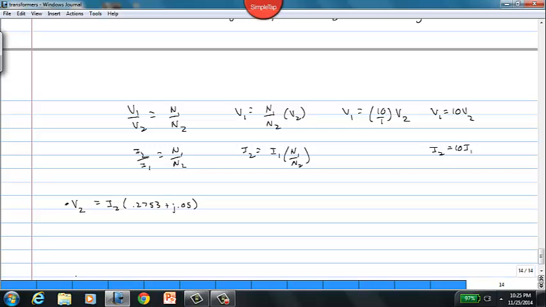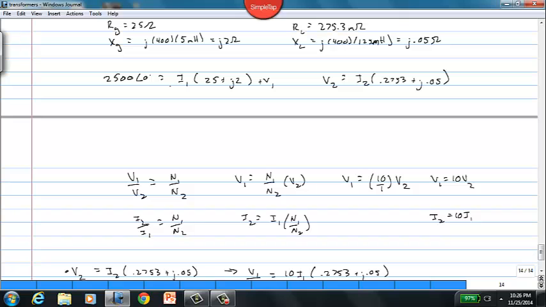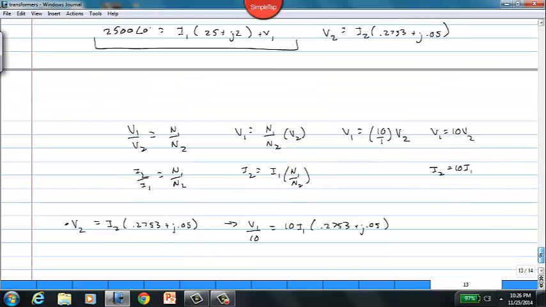We're going to substitute in for V2, that's V1 over 10, and that is equal to I2, which is just 10 I1, times 0.2753 plus J0.05. So now we have this equation, which is in terms of I1 and V1, and here we have this equation, which is also in terms of I1 and V1.